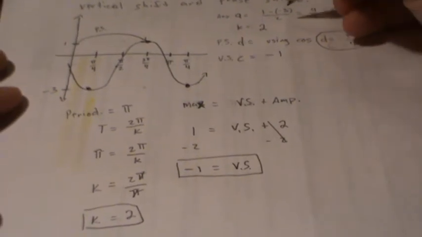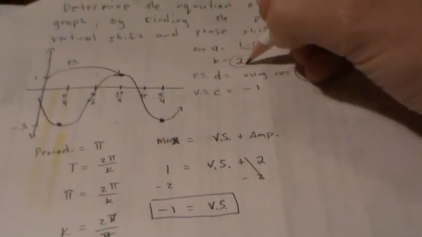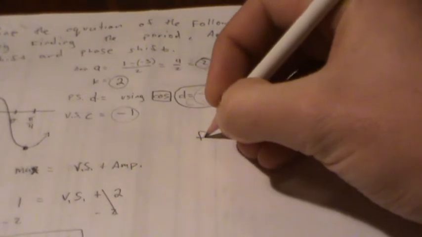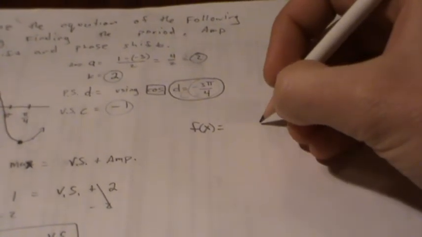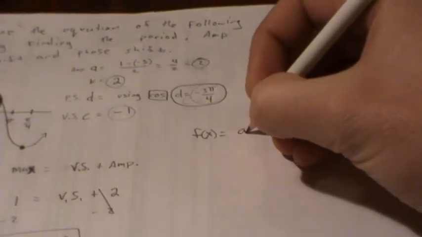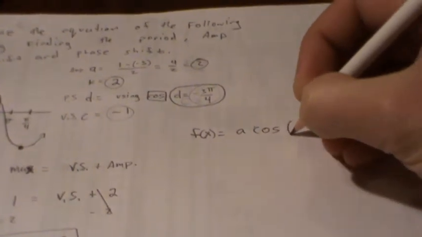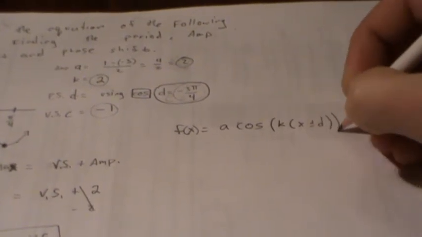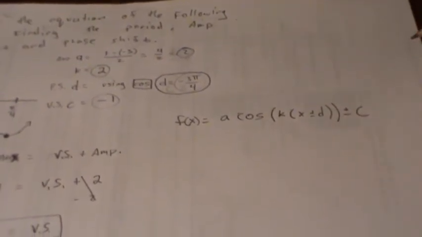So now I have an a value, a k value, a d value, and a c value. I can just place these values into my equation. Remember that I'm using cosine. So f of x, we'll call this x, is equal to a cosine of kx plus or minus the d value, and plus or minus the c value.